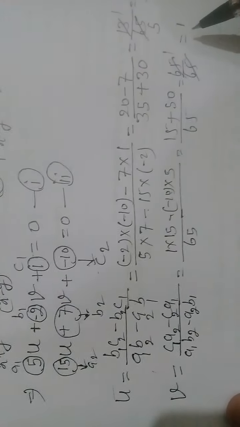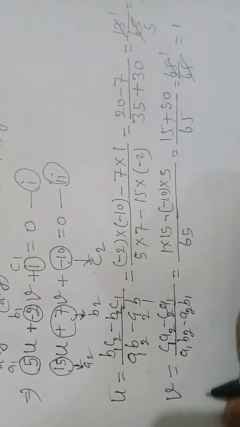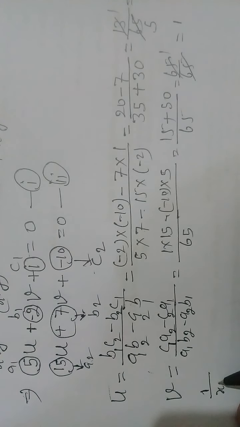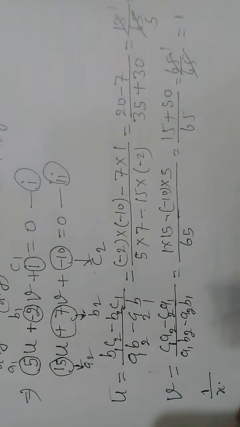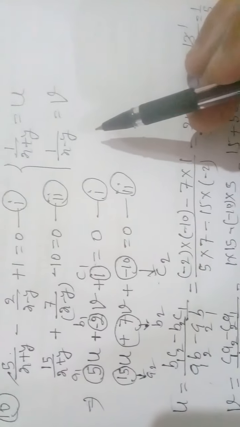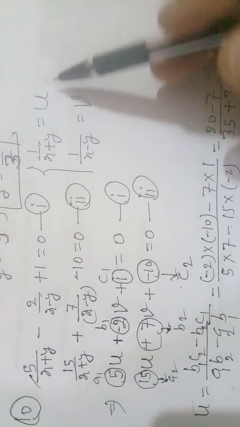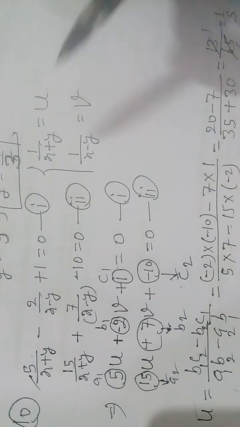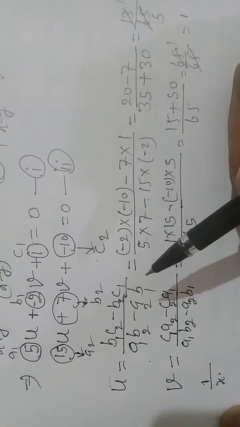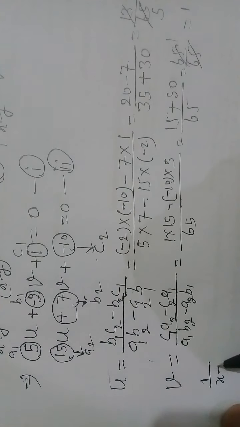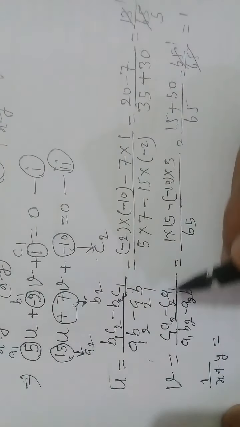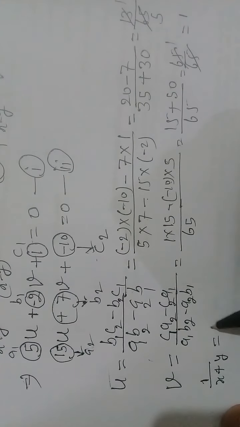Now putting this value in our supposition: 1 by (x plus y) is u, and the value of u is 1 by 5. So 1 by (x plus y) is equal to 1 by 5.